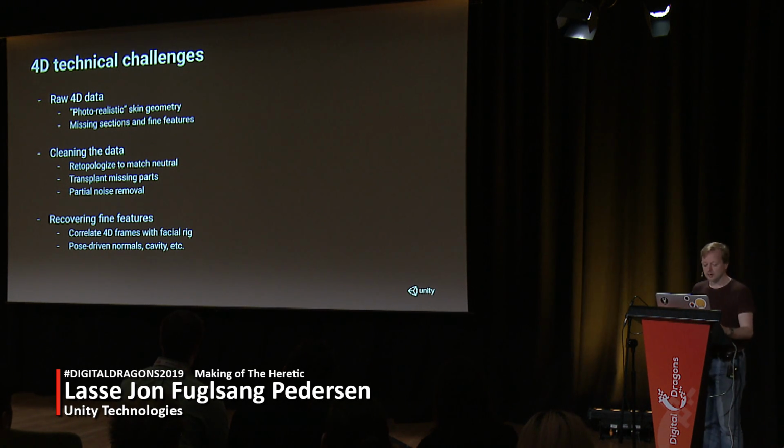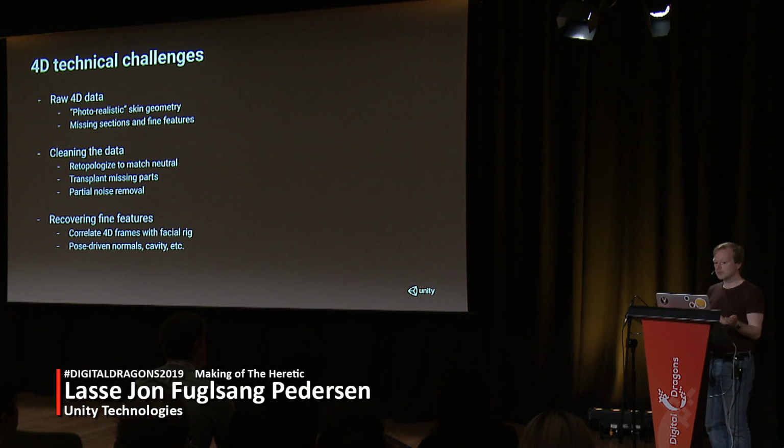This was a long thought process, and also the raw 4D data exhibits a lot of noise, especially in regions where there is facial hair, and something like eyebrows obscures the underlying skin geometry. So even if we have the clean 4D and everything is solved, there's no noise, all the parts are there, and the topology matches the neutral, we still don't have the fine features.